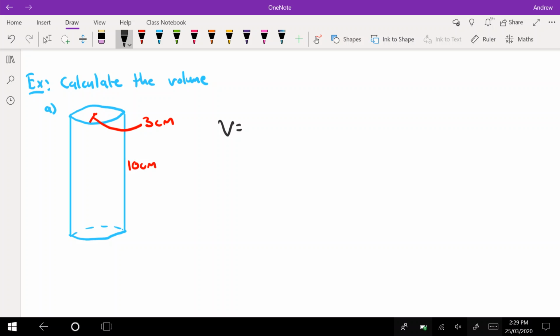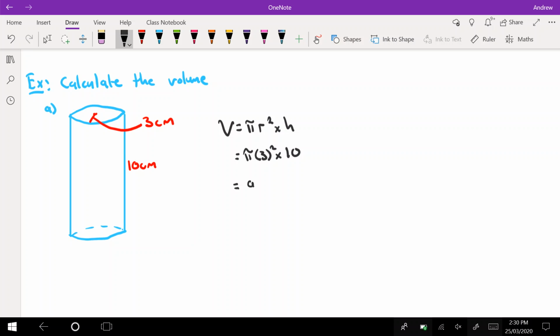The volume is equal to pi r squared times the height. Edwin, what's the radius? 3. So we've got pi times 3 squared, which is pi times 9. And what's the height of my prism, Jamie? 10. So we're timesing that by 10.